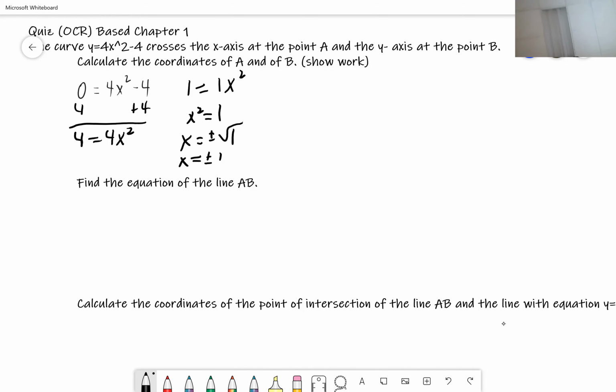But those are not the coordinates. Those are the values of x. I need my coordinates for my intercept. These are my x-intercepts, my zeros.